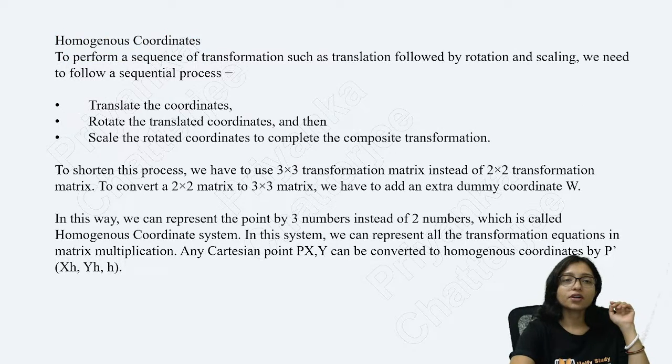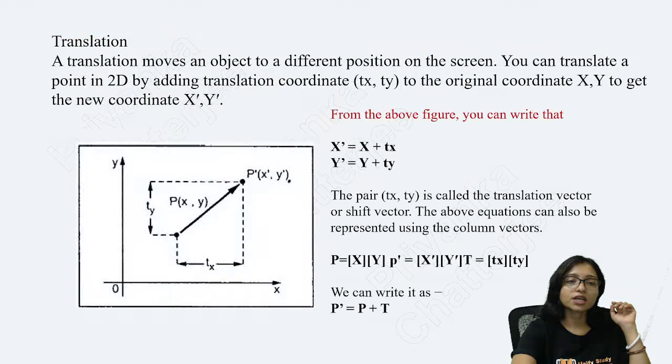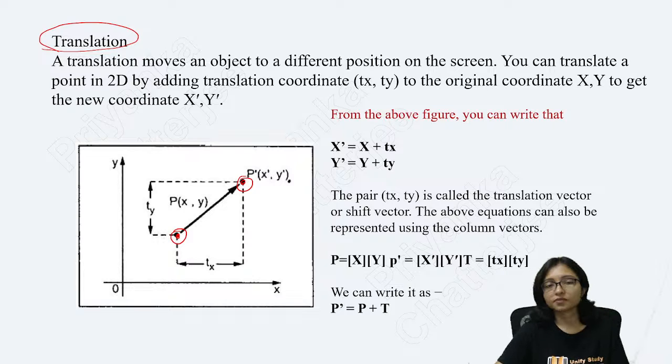There are different types of transformation. One by one I am telling you. The first one is translation. Translation means one point is shifted to another point. This one is a point, now you are translating this point to here. Actually you are shifting the point, the position is shifting. That is called translation.